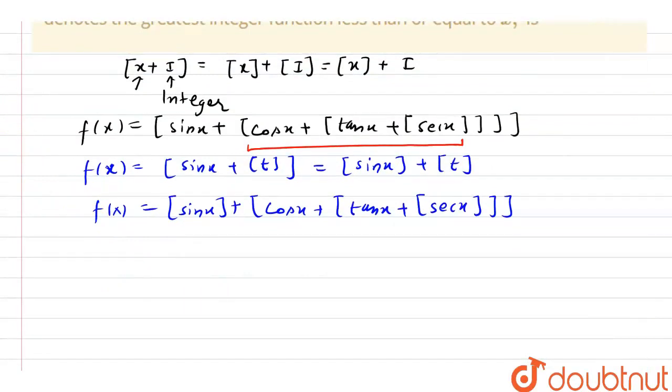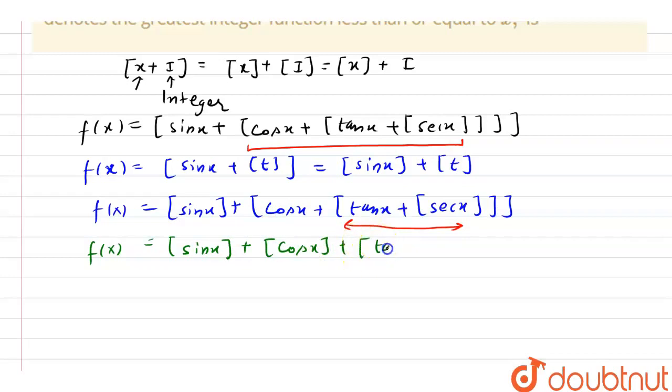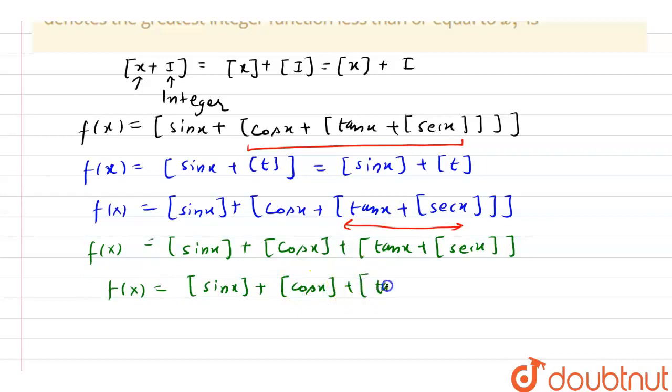Now I am again going to assume this as t, so I have my function as greatest integer of sin x plus greatest integer of cos x plus greatest integer of tan x plus greatest integer of sec x. Similarly, in this way I can write my function as a whole as greatest integer of sin x plus greatest integer of cos x plus greatest integer of tan x plus greatest integer of sec x. These all functions get dissociated.